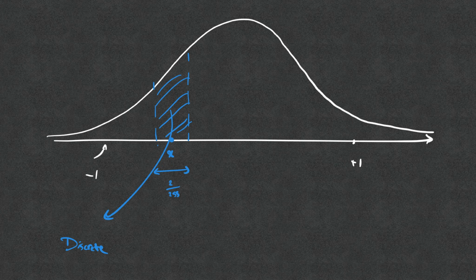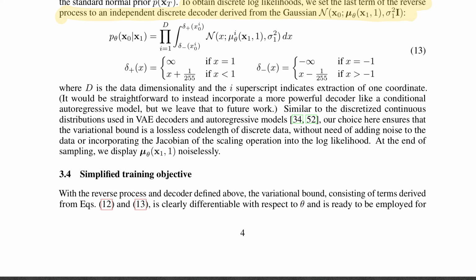There are two boundary cases, of course. One, if x is 1, in which instead of the 2 over 255, you consider the past 1 over 255 width plus everything that comes after, and the same for -1.